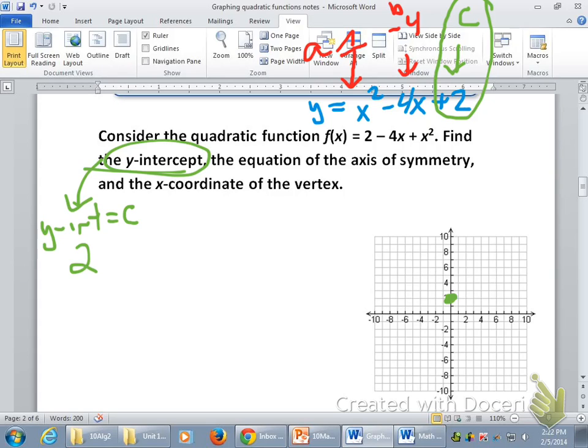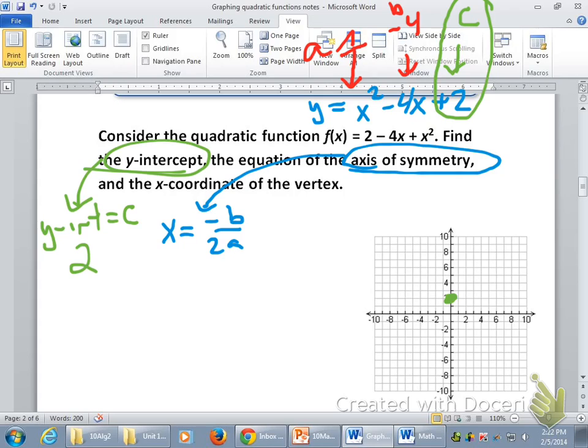Now I'd also like to find the equation of the axis of symmetry. The axis of symmetry is important because that's right down the middle of the thing, right? The axis of symmetry has its own equation. It's x equals -b divided by 2a. Now I need to know b and a.